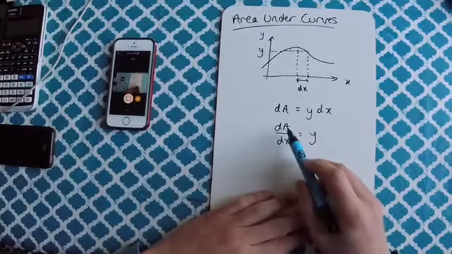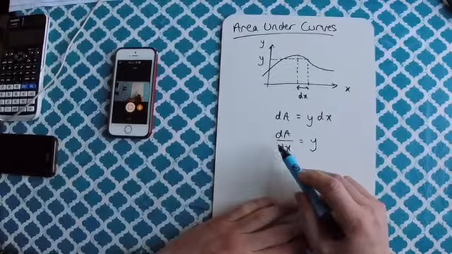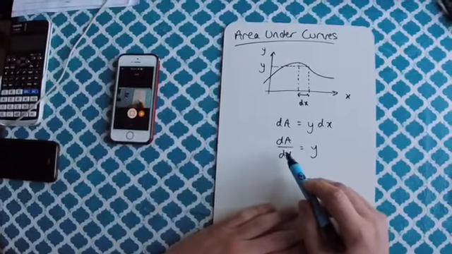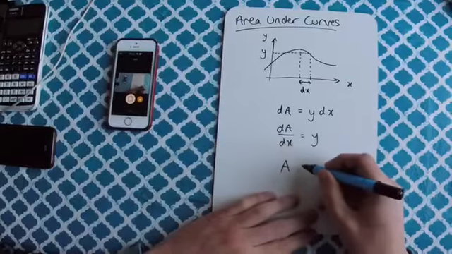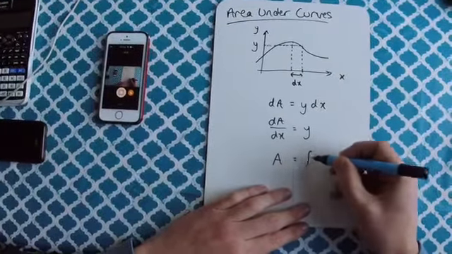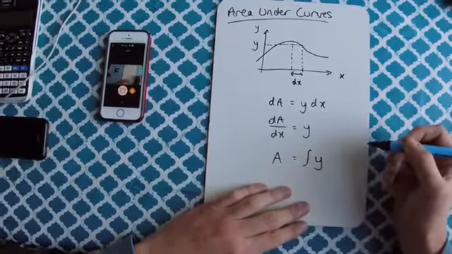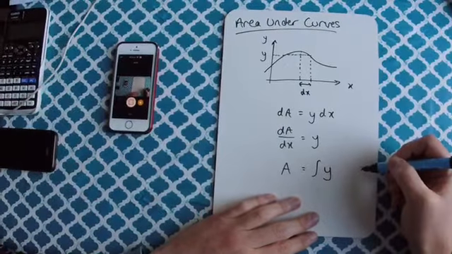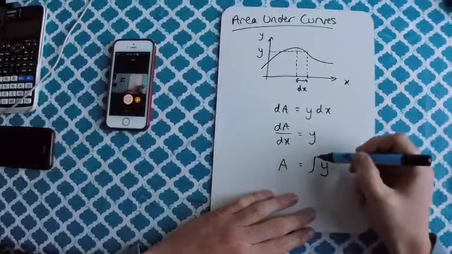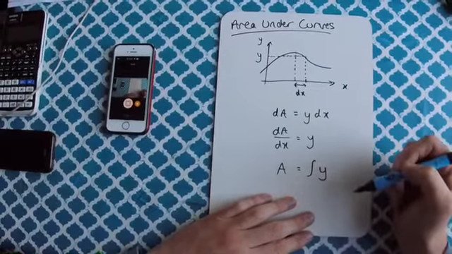And if that is basically the area differentiated, how can I go back and find the area? Integrate. So this becomes the integral of the y that we've got there. If y equals a function, then the area is the integral of that function of y.